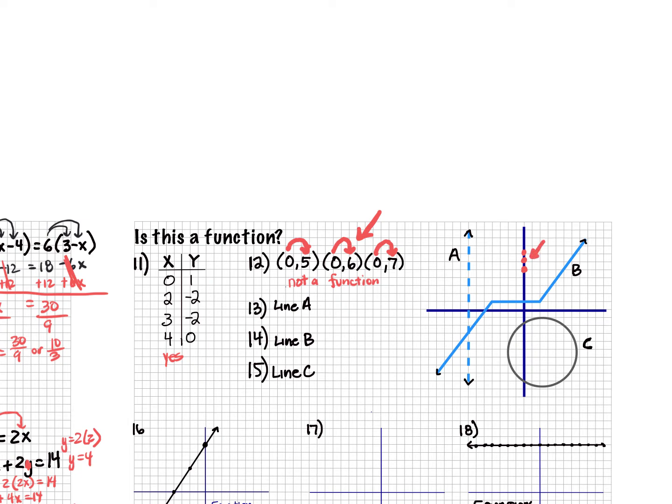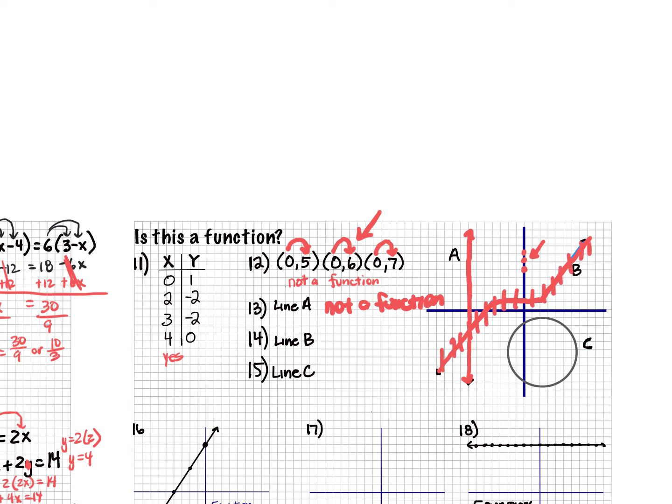So you can run a test. If any points in your graph are right on top of each other, that is not a function. So for A, these are all right on top of each other. That is not a function. It's called the vertical line test. For 14, B, no, we're good. Everything's spread out. If I draw straight lines, nothing's right on top of each other.